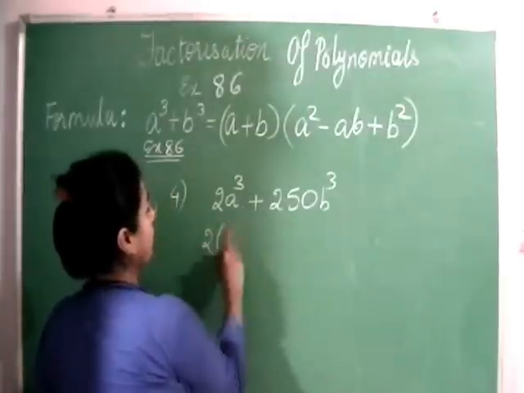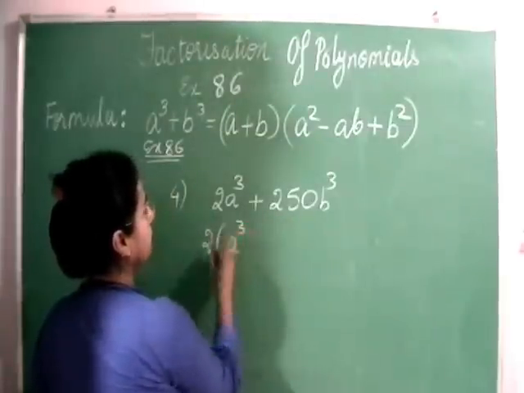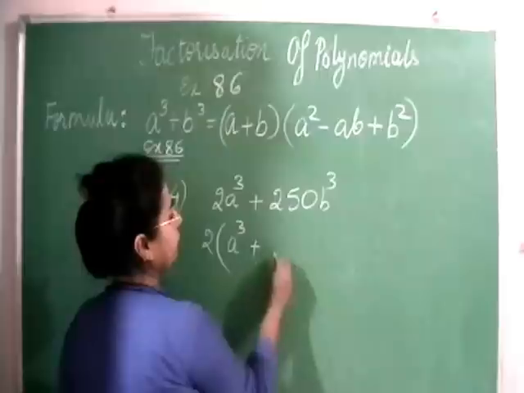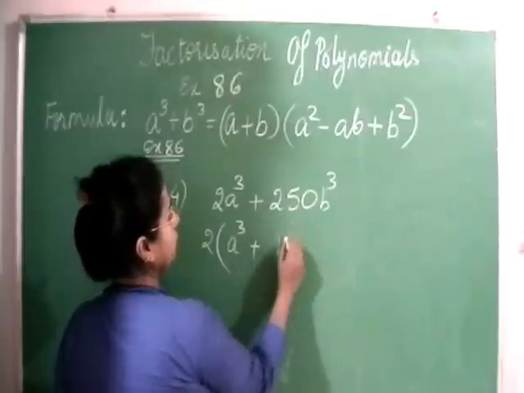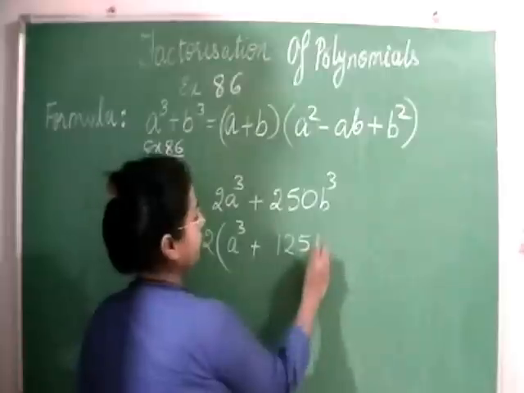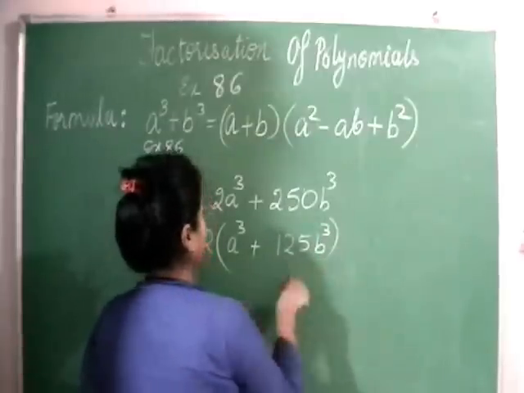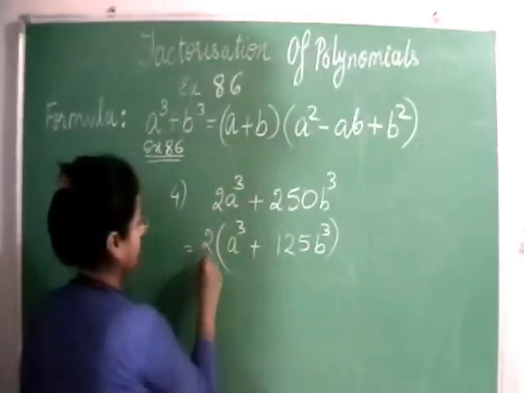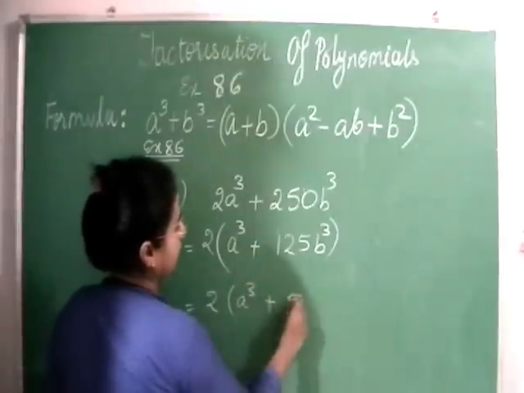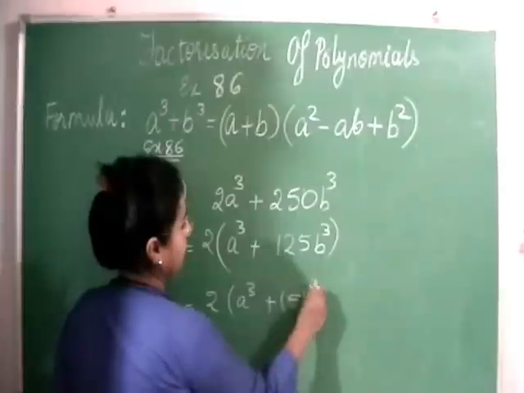So take this 2 outside, and inside it will be a cube plus 2 into what will give me 250? 2 1s are 2, 2 2s are 4, 2 5s are 10. So 125b cube. Again I write this in this form: 2 into (a cube plus (5b) the whole cube).